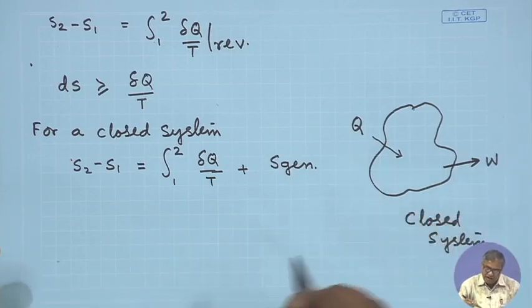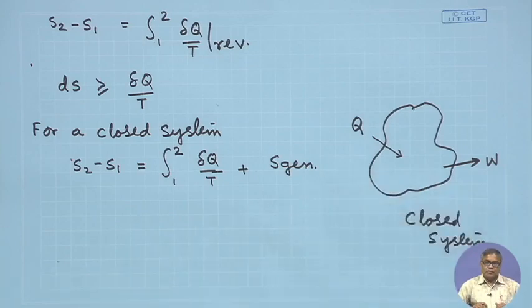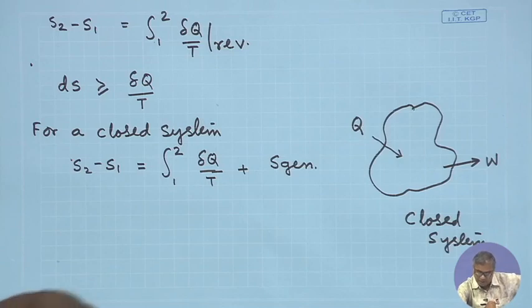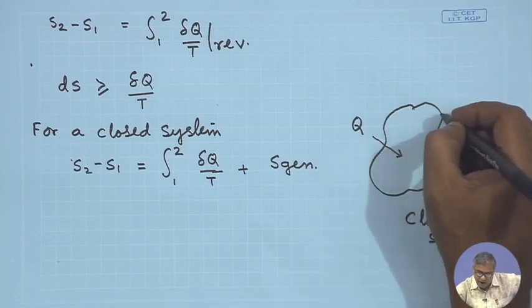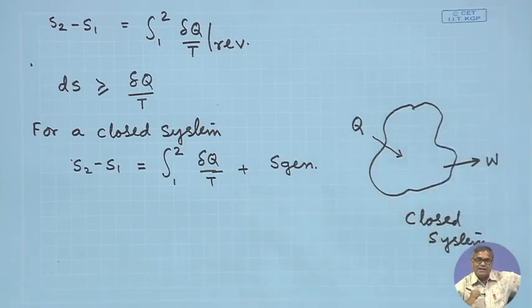This heat interaction can take place at different points. What is the significance of telling that heat interaction can take place at different points? It means, of course, that there could be heat addition and heat rejection, that is one point, but more than that, what is important is that there could be heat interaction at different parts of the system boundary at different temperatures.